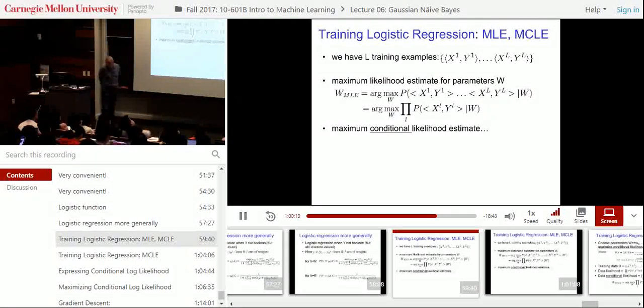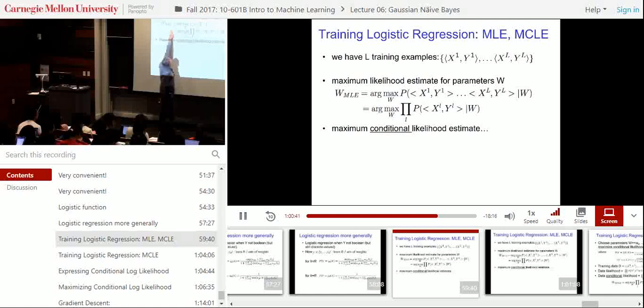And so if we wanted to get a maximum likelihood estimate, then we would want to pick the vector of parameters. I'm using uppercase W there to mean the whole collection, the whole vector, W0, W1, W2, all those parameters.